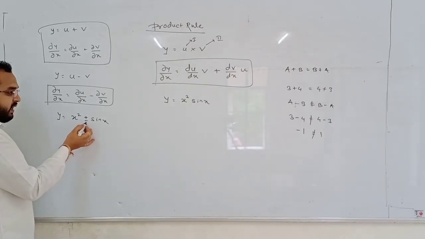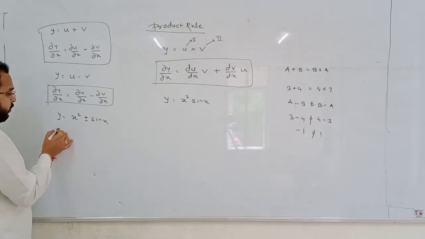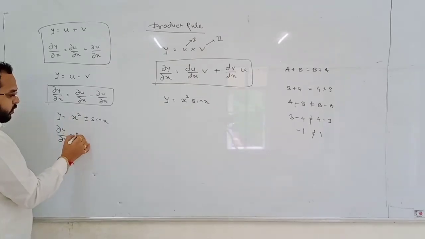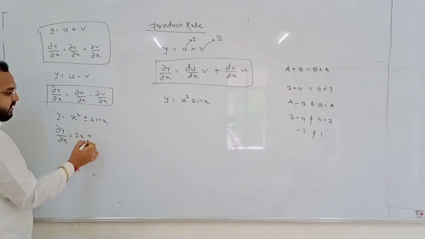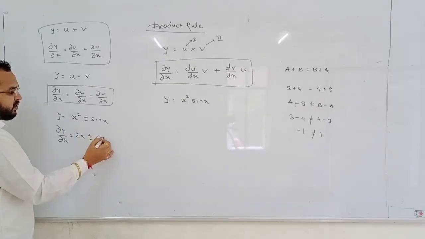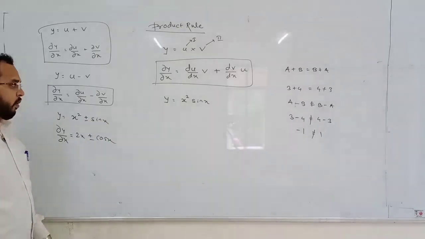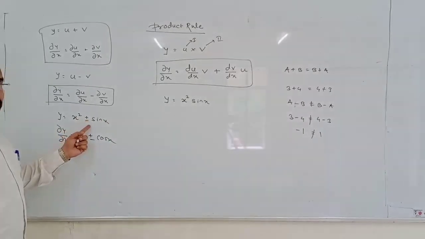If here it is a minus sign, then in the answer it will be minus. So what will be dy by dx? Differentiation of x square is 2x, plus if plus, minus if minus, and the differentiation of sin x is cos x.